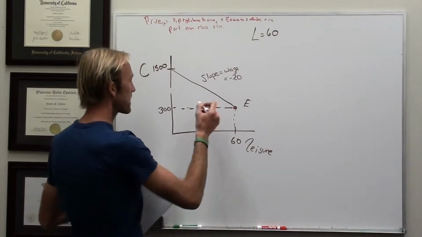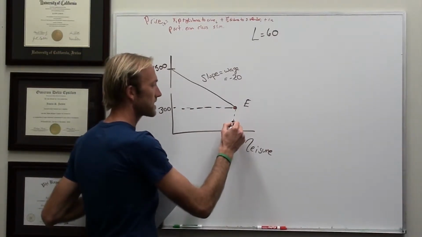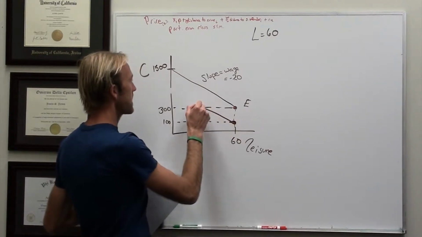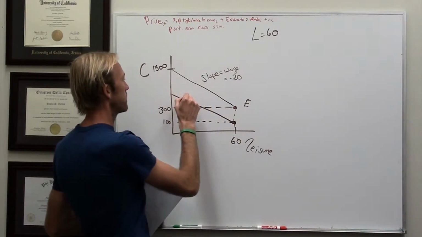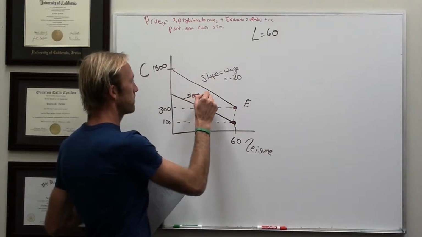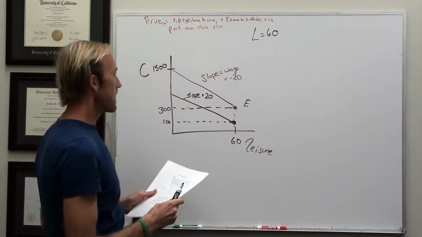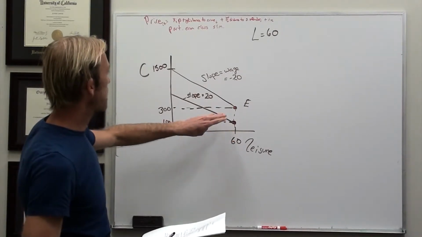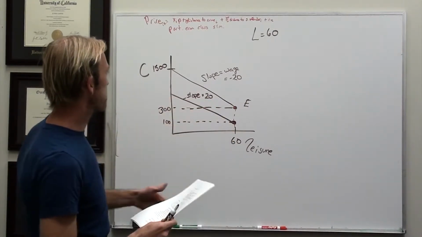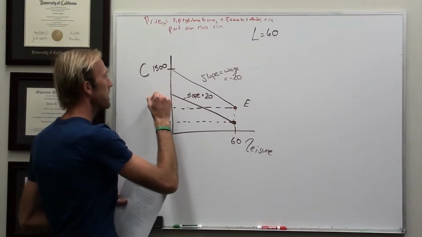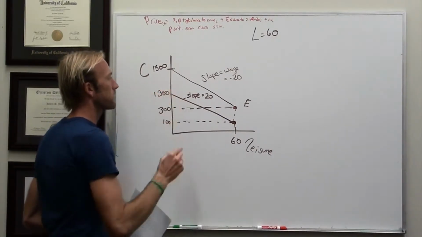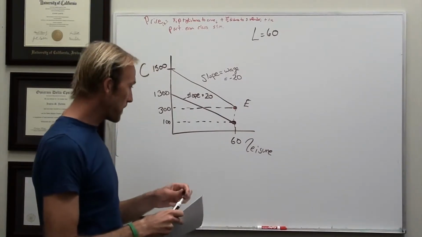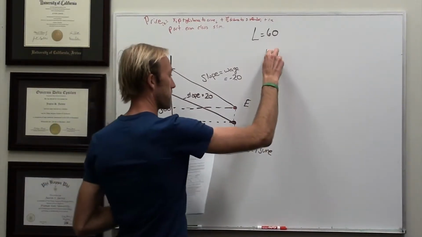So instead of being at 60, 300, it's going to be at 60, 100. It's going to have the same slope. Okay, and now if you think about it, my maximum amount is 60 times 20 is $1,200, plus $100 for the trust fund. It's going to be able to go up to a maximum of $1,300. Okay, and so that's graphically how this happens.